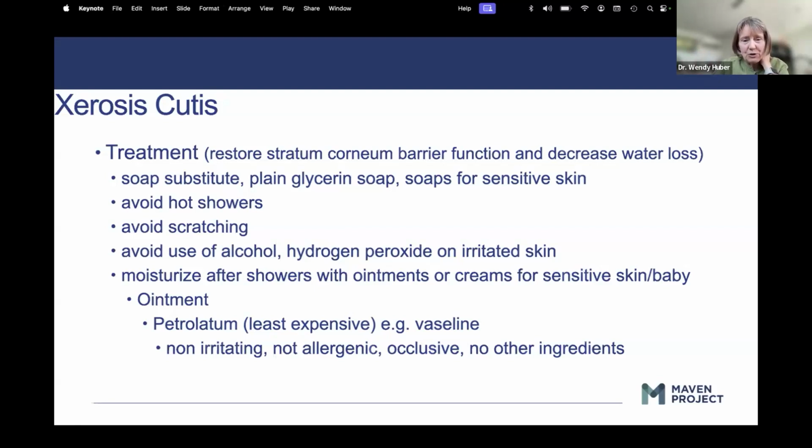Moisturizing after shower is great. And we talked about using hypoallergenic sensitive skin products. Cheapest moisturizer by far is just petrolatum. And as we've discussed, it has a lot of properties that are really nice for the patient. So that's what I generally recommend.